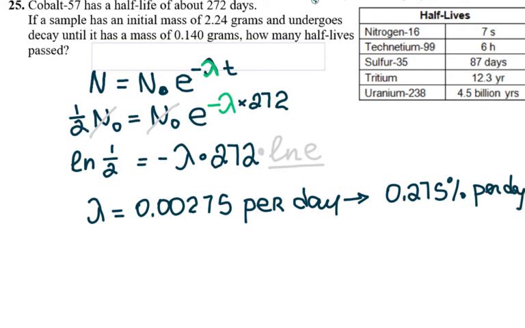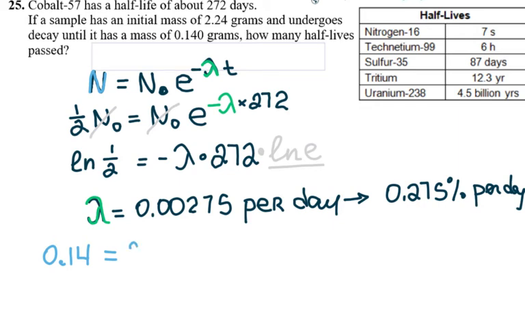So then, since we figured out what lambda, the decay constant, is equal to, I can now figure out how many half-lives have passed. So in the next part, I'm going to say that the number that is left is 0.14 gram, and I'm going to plug in everything in grams, so I don't have to convert to kilograms, because both sides are going to be grams.